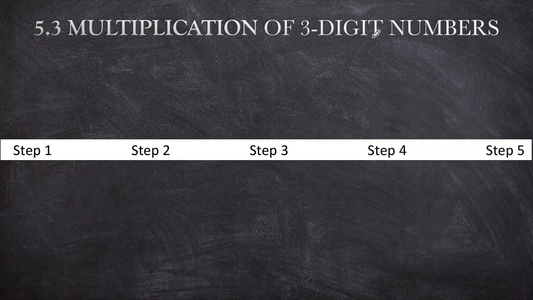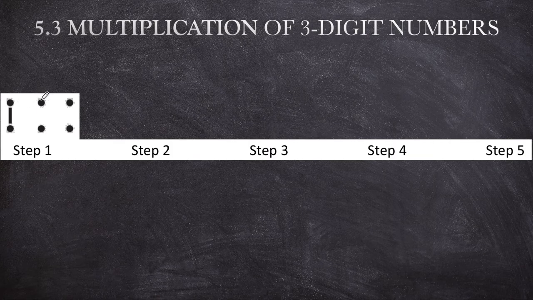Okay, so we have steps. Just like in our 2-digit numbers multiplication, where we have 3 steps, here, since we extended to 3 digits, we're going to extend the steps likewise. First, imagine these 3 dots to be the first 3-digit number, and the dots here will be the second 3-digit number.